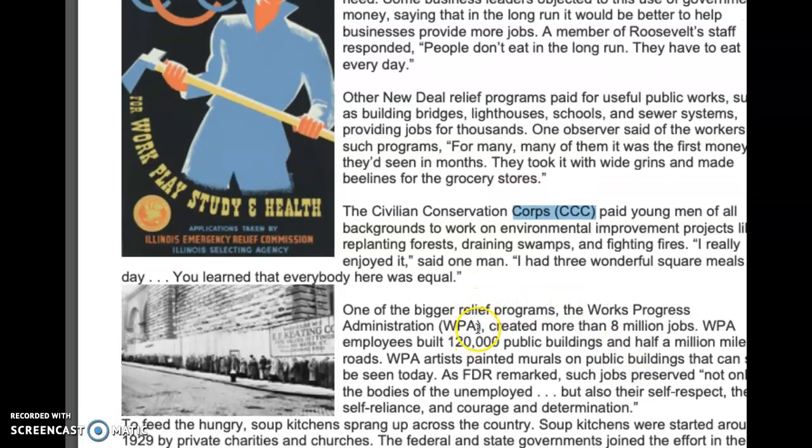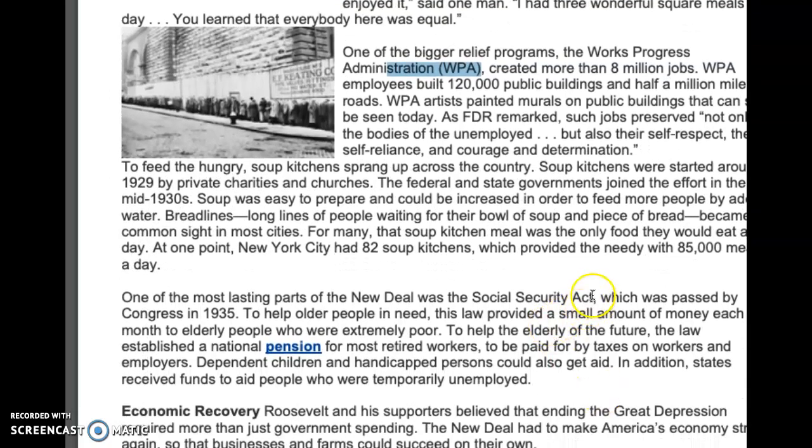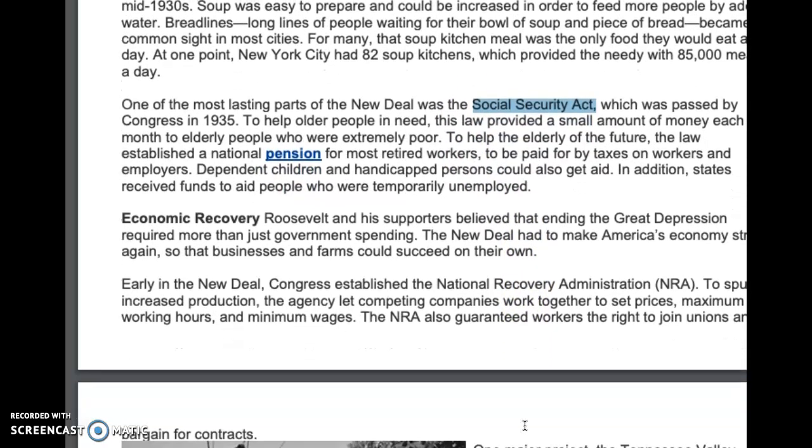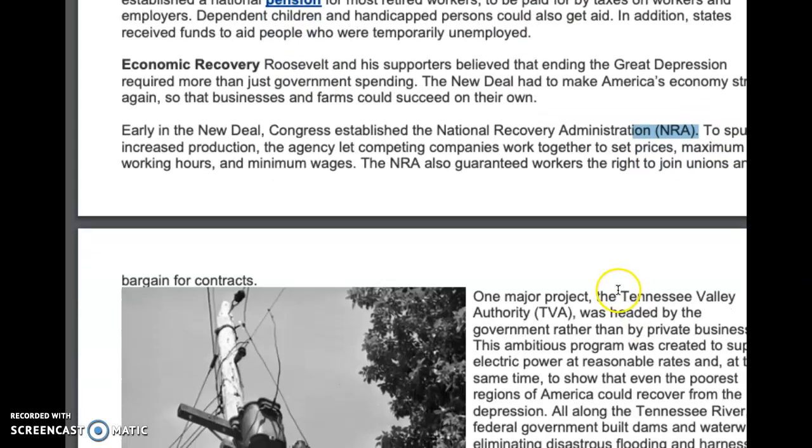The Works Progress Administration is right here. The Social Security Act is right here. The National Recovery Administration is right here. The Tennessee Valley Authority is right here.